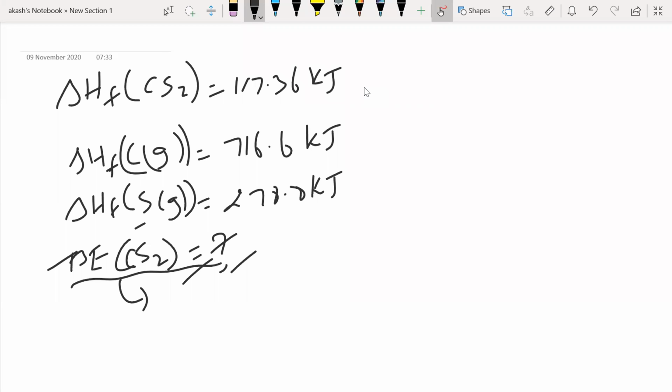Wait, what should be there on the reactant side? CS2. Good. CS2 should be on the reactant side. Now this is the molecule, and I have to convert it into atoms. What are the elements present here? Carbon and sulfur. Now how will I write the atomic form?